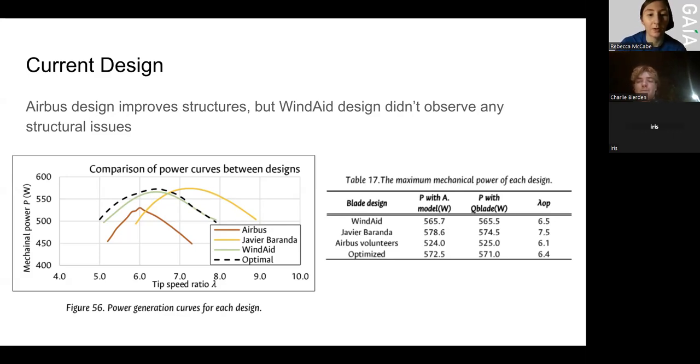The problem with that, though, is that WindAid hasn't actually observed any structural issues with their current blade. So it doesn't necessarily make sense to sacrifice the power output for improved structure when you aren't having any structural problems.